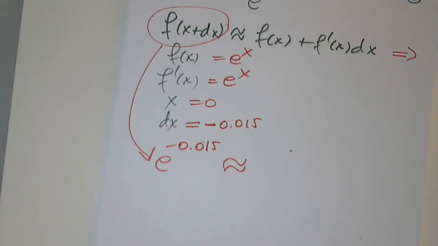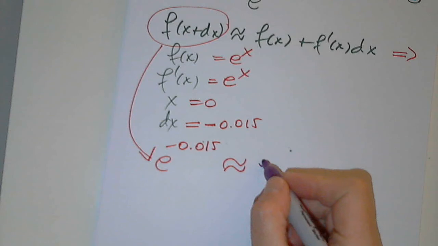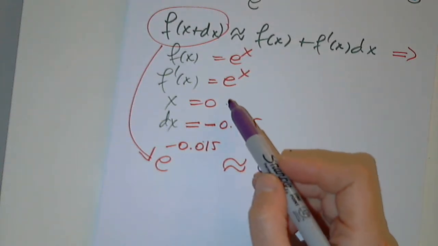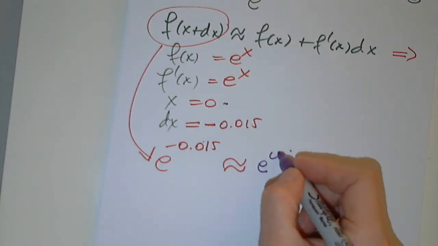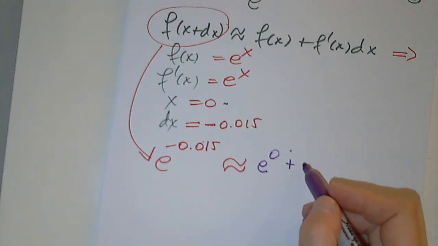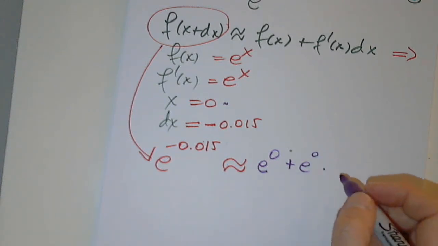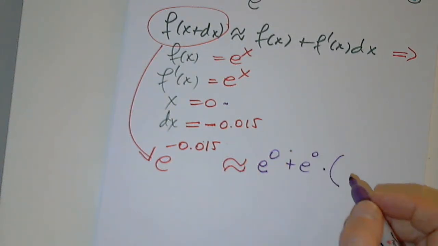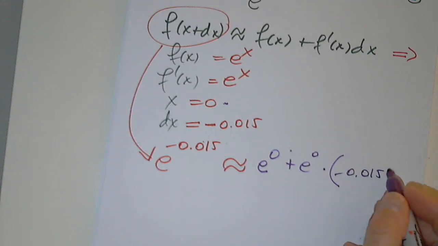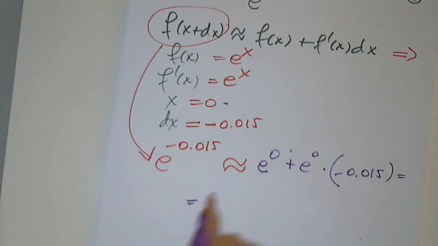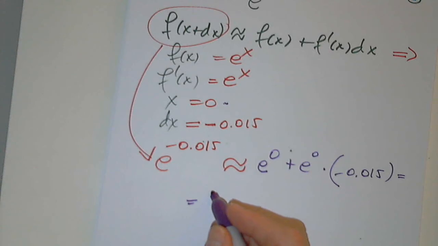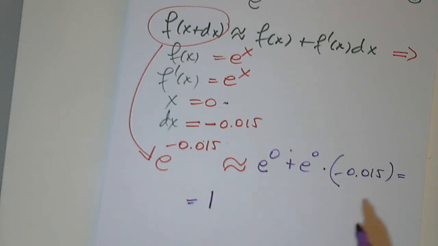Yeah, sorry. So e to the, e to 0, good, plus e to 0 times, x negative 0.015. Good. How much is e to 0? Good. How much is 1 times this?